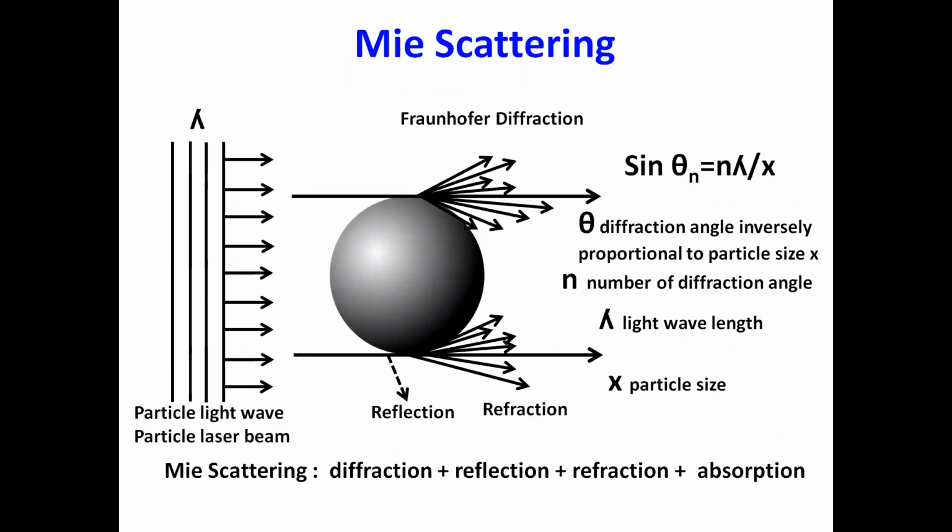Again, this is the concept of Mie scattering. You know this is also called the Fraunhofer diffraction. If there is a particle there, the electromagnetic light wave which is moving in the forward direction will be incident on that particle, and at the boundary point it will behave in different ways.